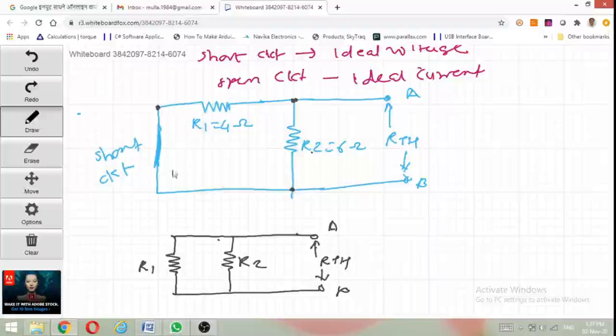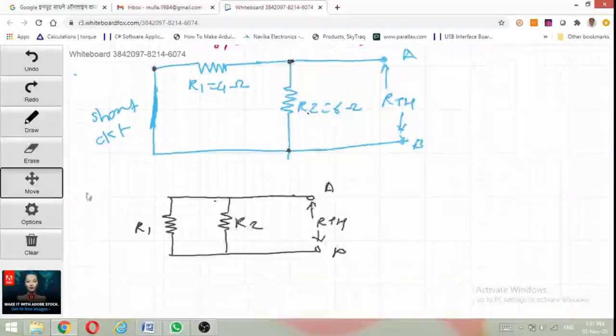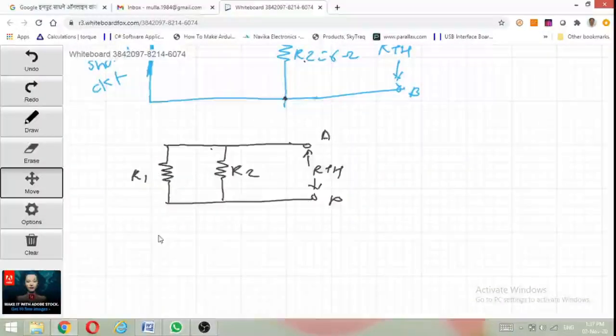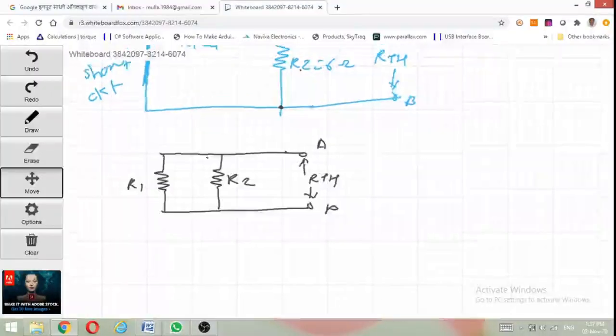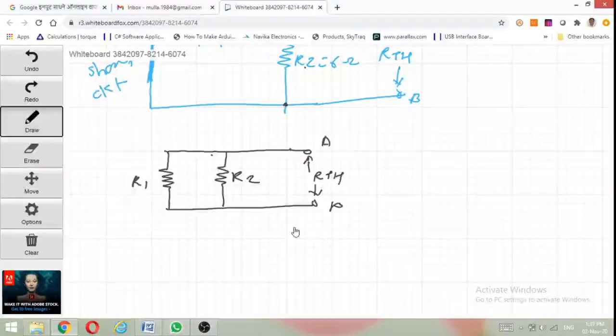Okay, then the value of R1 is 4 ohm and the value of R2 is 6 ohm.